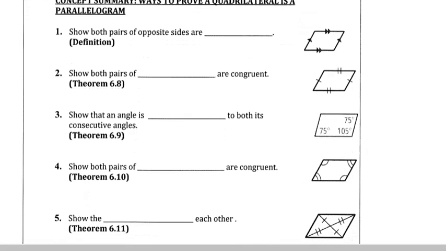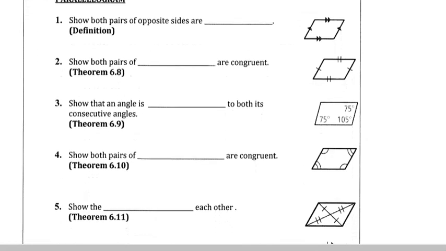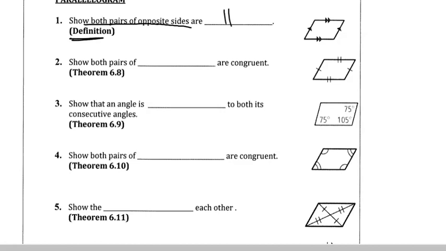This is the summary, okay? The summary says, if you know both pairs of opposite sides are parallel, and that would be just the definition of a parallelogram, then it's a parallelogram. The other way is to show both pairs of opposite sides are congruent.